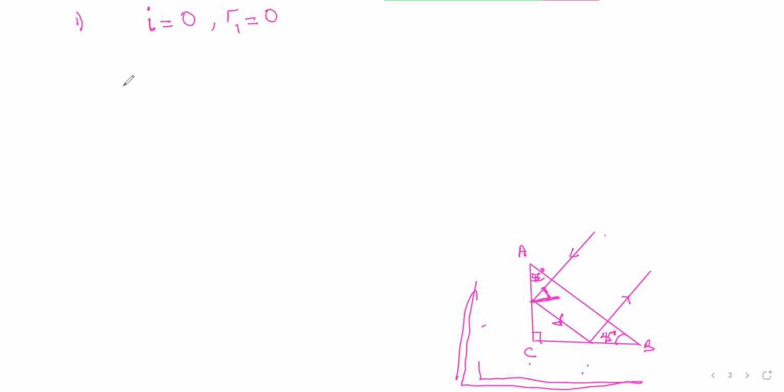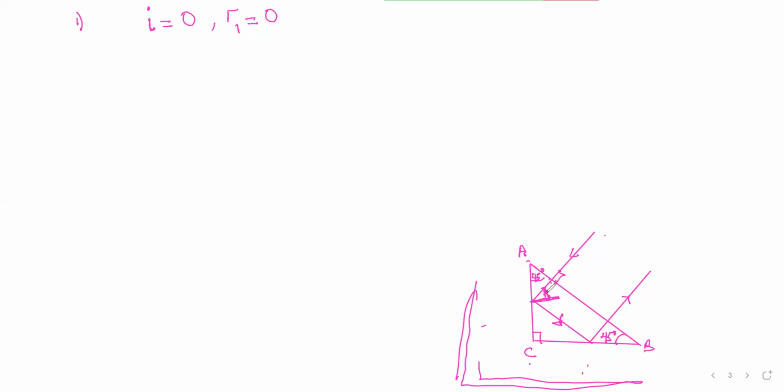So this can come again. Once the light is incident perpendicular to AB, the angle of incidence is 0, meaning the light will not deviate at this boundary AB. So the first angle of refraction is also 0. At boundary AB, because I is 0, R1 is also 0.